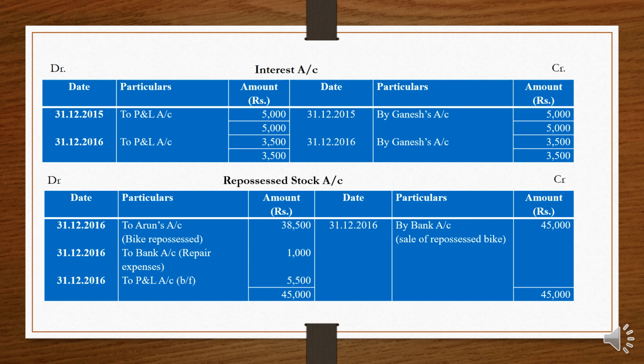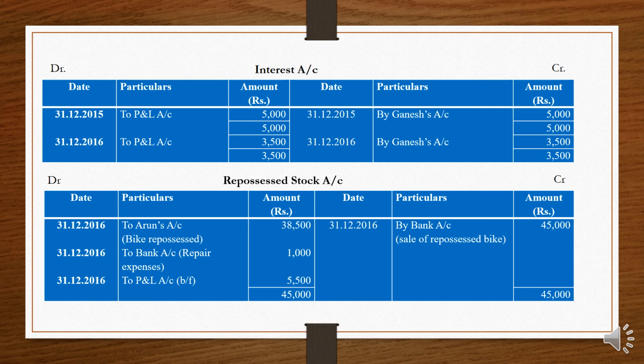Okay, then the hire seller has spent rupees 1,000 in the form of repairs. So repossessed stock account is debited with 1,000 and bank account is credited with rupees 1,000. Then the bike was sold for rupees 45,000.